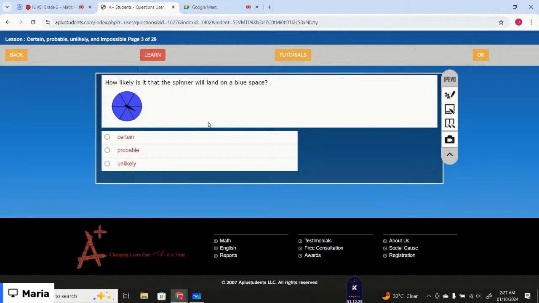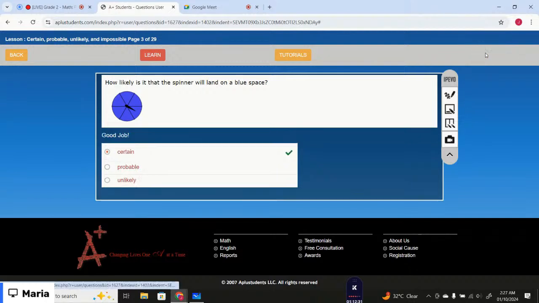Whenever you spin, it will land on blue space because all the portions are blue, so certainly it will land on blue.